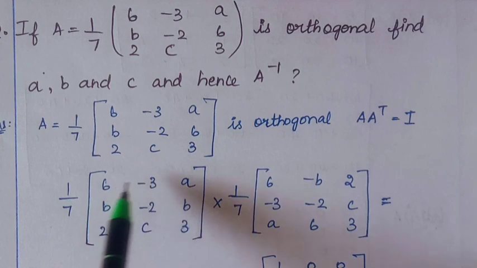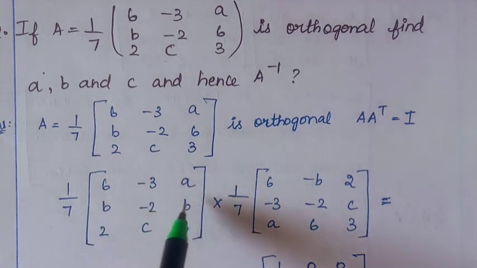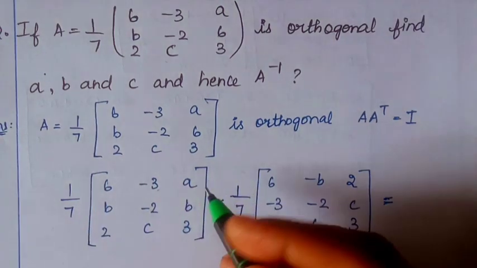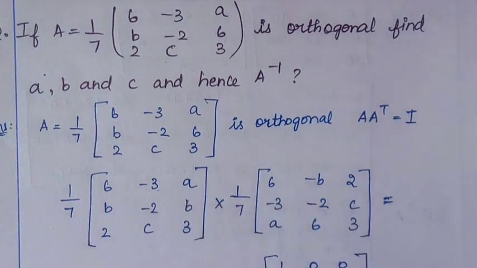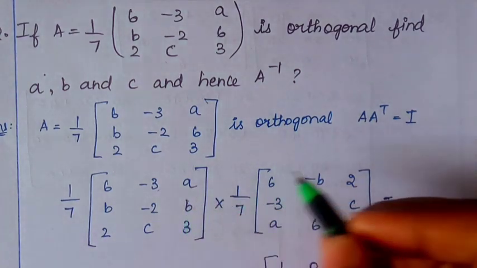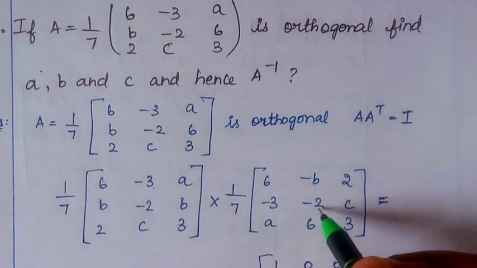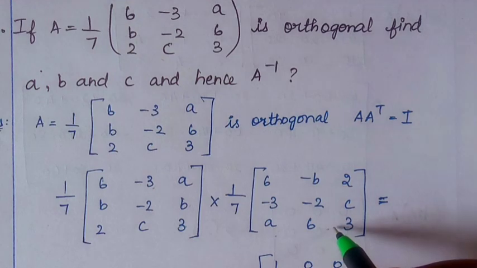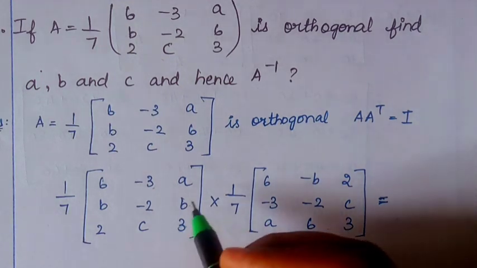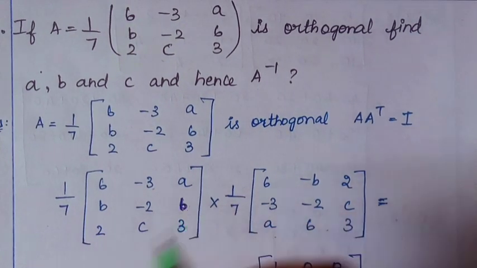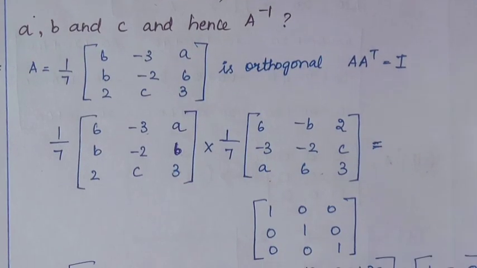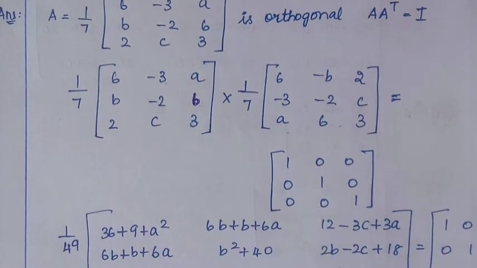So 1 by 7 of the matrix 6, 3, A, B, 2, 6, 2, C, 3, multiplied by its transpose 6, minus B, 2, minus 3, minus 2C, A, 6, 3, is equal to the identity matrix 1 0 0, 0 1 0, 0 0 1.